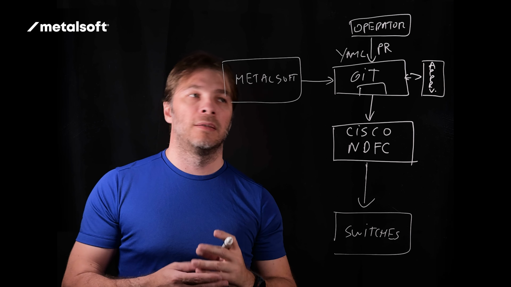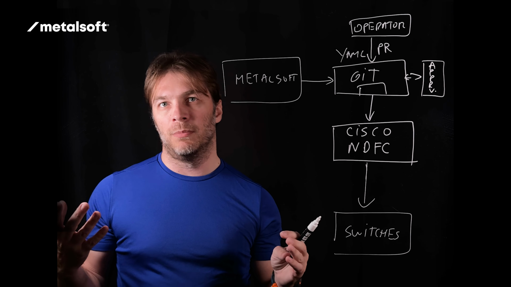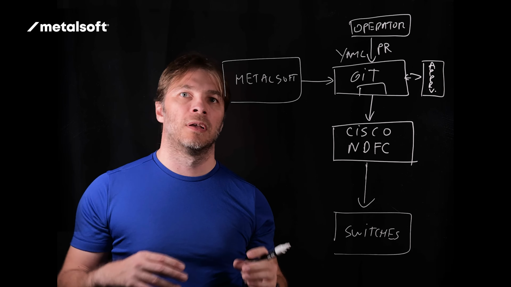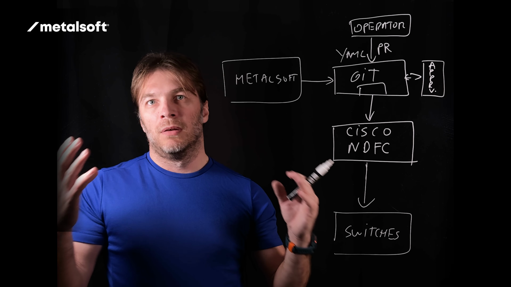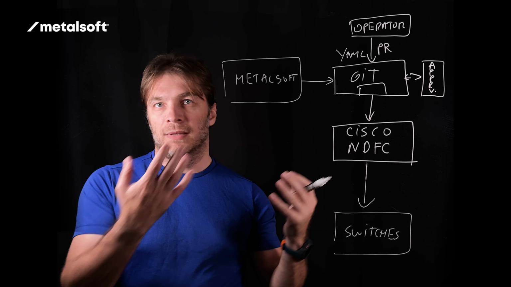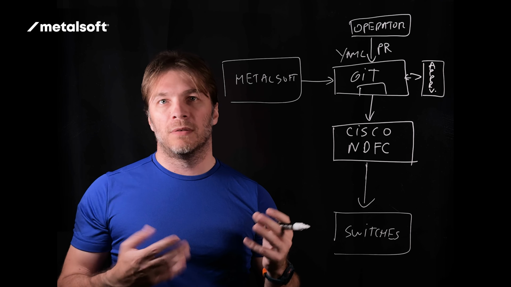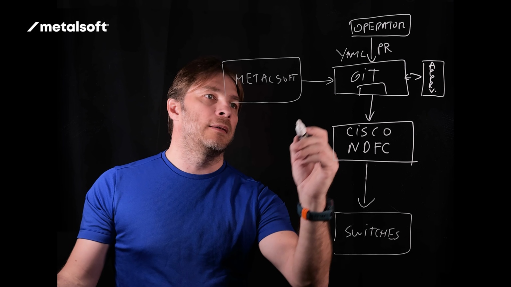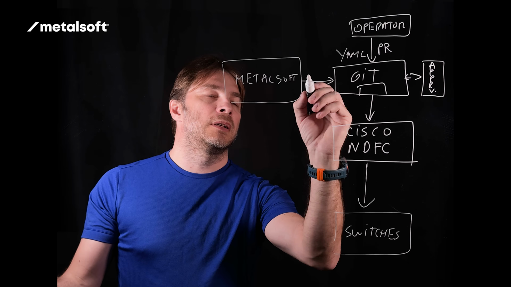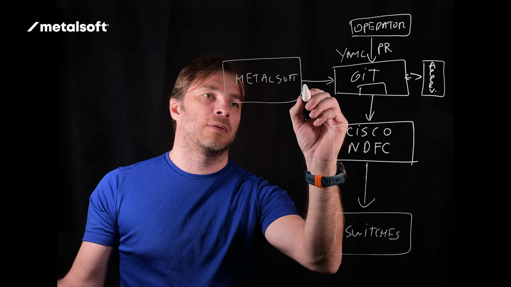It will amend the respective YAML files as required. So for example, if you want to implement a logical network between two servers, that translates into VLANs on certain switches. And so we update the files and the entries in the files with the allocated VLAN that MetalSoft allocated. That is pushed to Git in a feature branch, and a PR can be created.